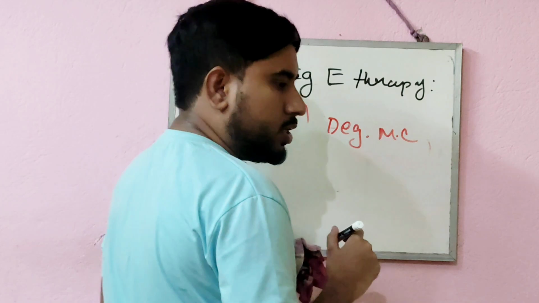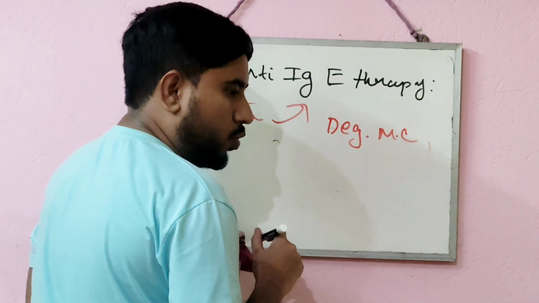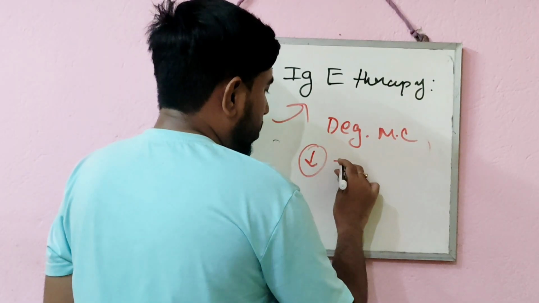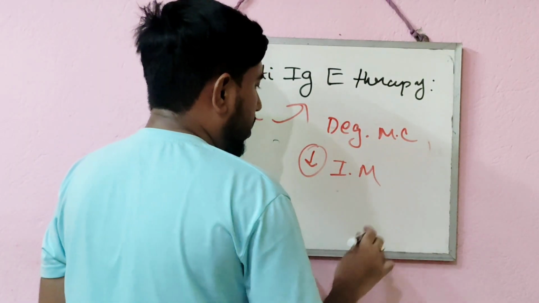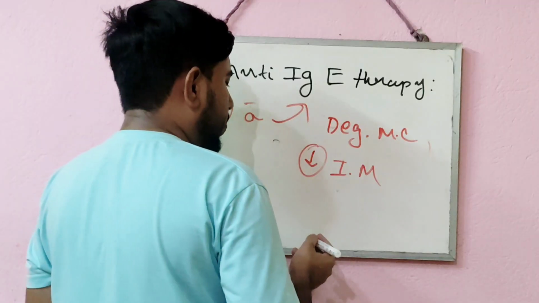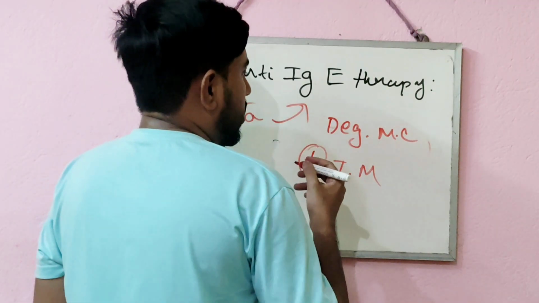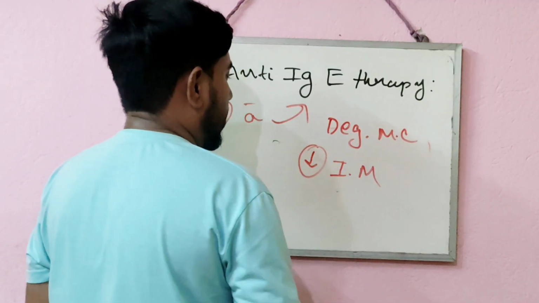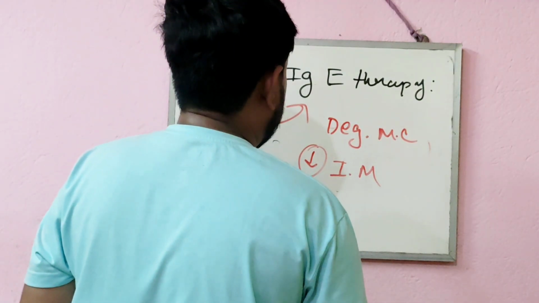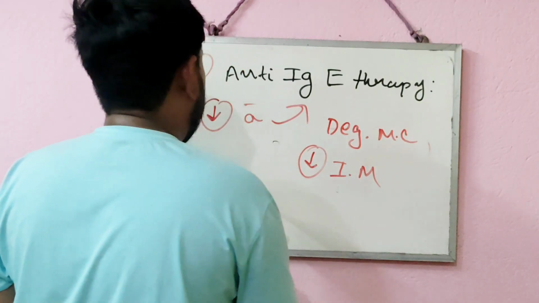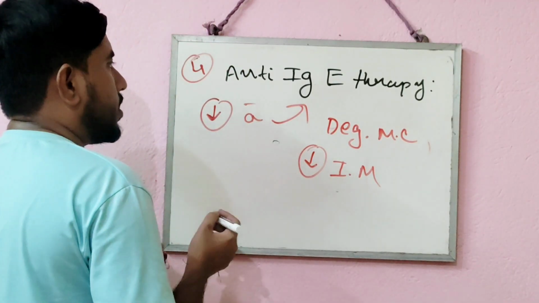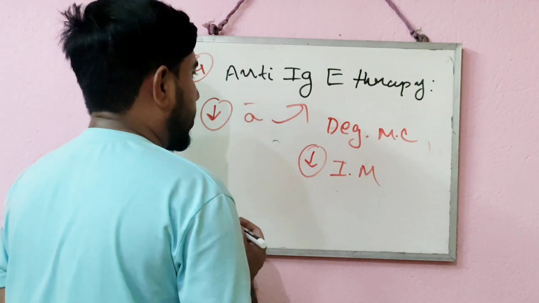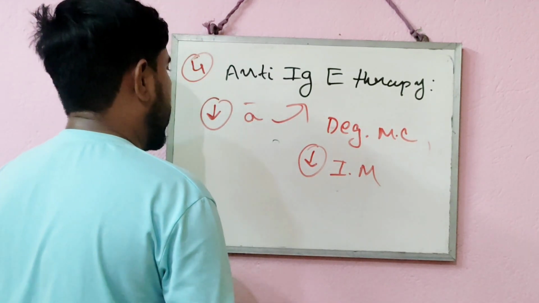Due to that, the synthesis and release of inflammatory mediators are also decreased, and that is how omalizumab shows its action as an anti-IgE drug, and as an anti-asthmatic drug to treat asthma.